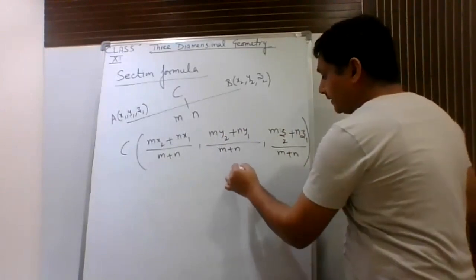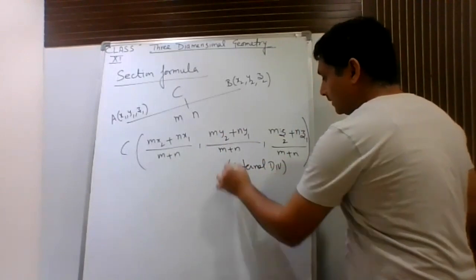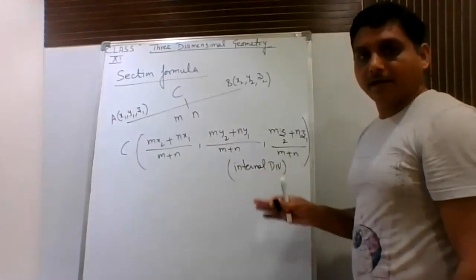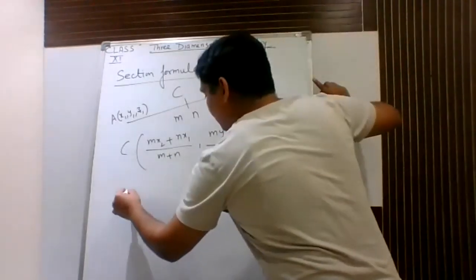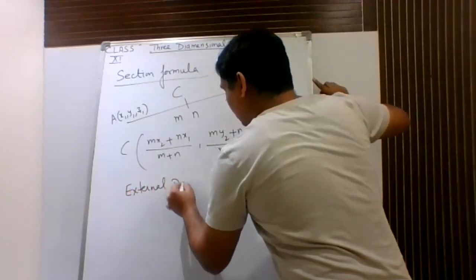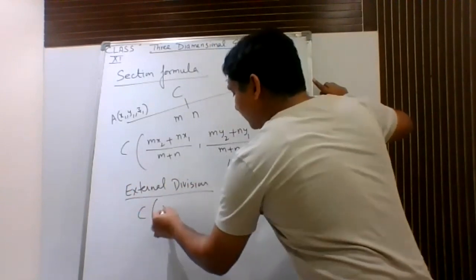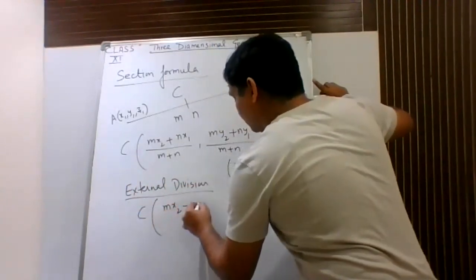So this is for internal division. Now similarly, we have the formula for external division. For external division, the coordinates of C will be given by this.